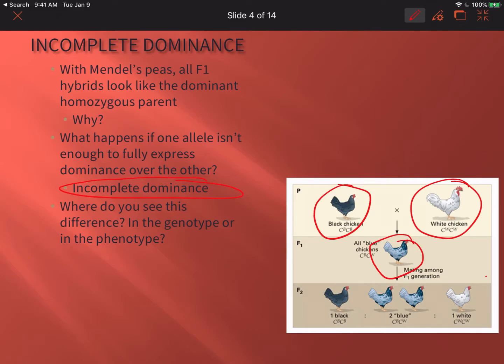When we talk about color, and color is a thing that's blended a lot in incomplete dominance, what we like to do as scientists is represent that as C's. Okay, so if my color is pure black, then that's what the genotype is. If my color is pure white, then that's what the genotype is. Okay. Now what happens when you cross those?